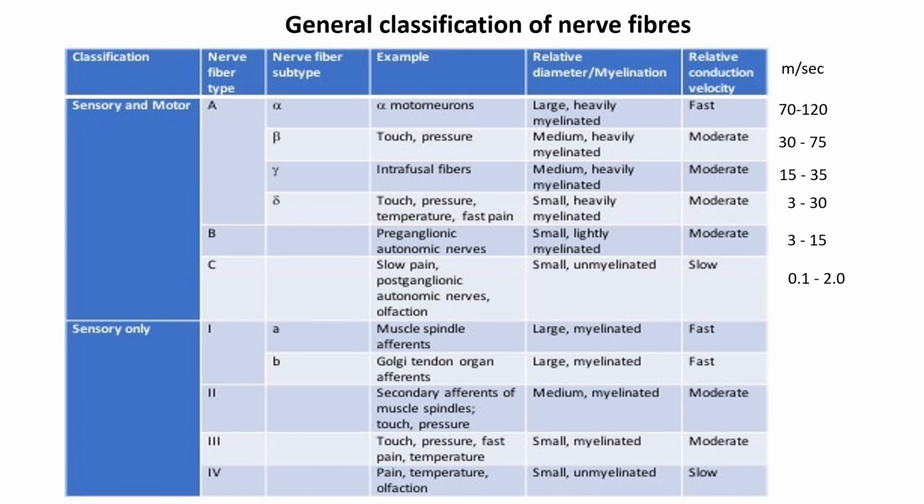So, for example, the fibers that conduct pain are classed as A delta fibers. Under the sensory classification, they would be classed as class 3 fibers, so they conduct touch, pressure, fast pain, and temperature. And C fibers here will be classed as 4 under the sensory classification.